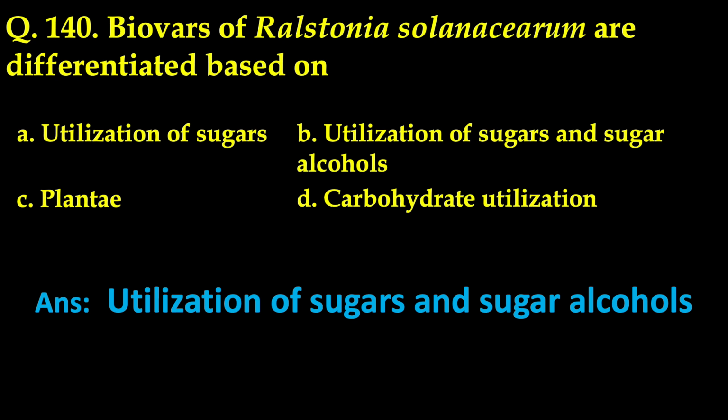The type strain of pathovars are pathotypes, which are distinguished from the types, that is the holotype or the neotype of the species to which the pathovars belong. So before answering such type of question, please recall the information related to biovar, morphovar, pathovar and many more.